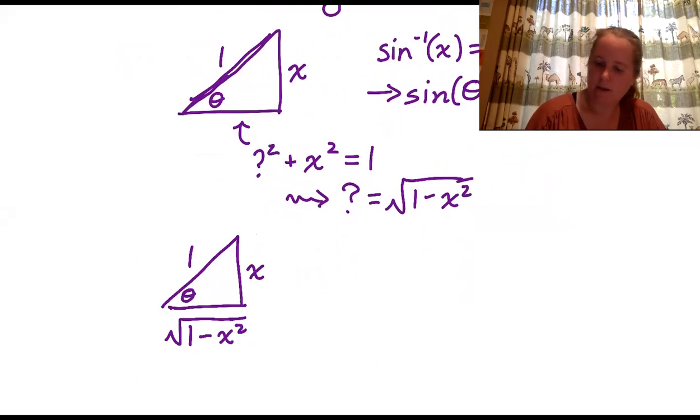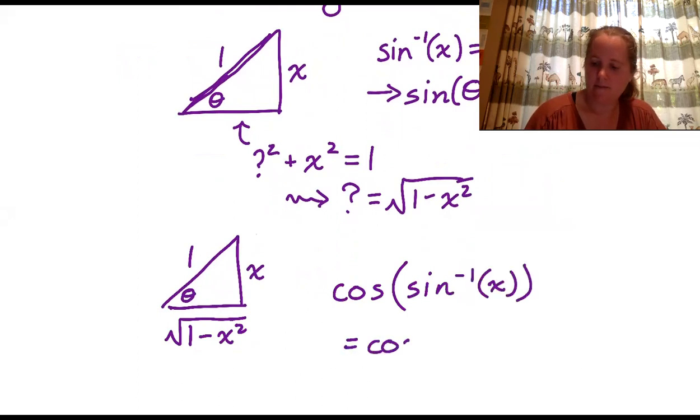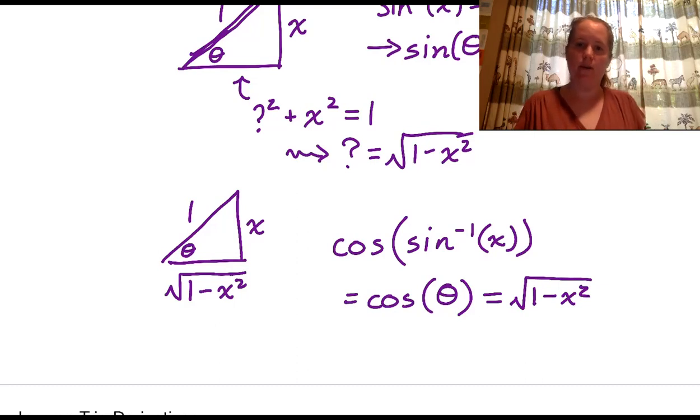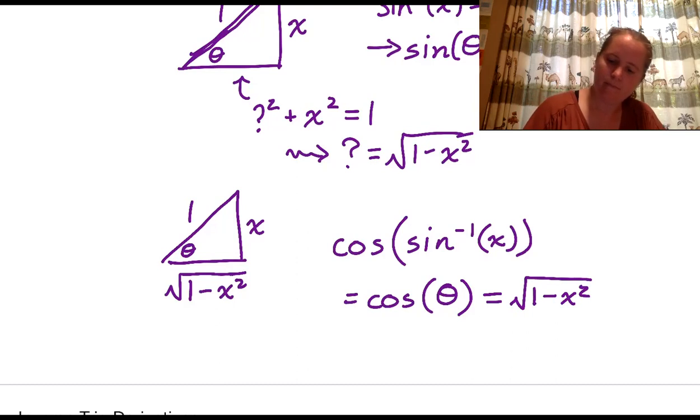So if we wish to find cosine of sine inverse of x, this is cosine of our theta. And cosine is adjacent over hypotenuse. So that would be square root 1 minus x squared over 1, or just square root 1 minus x squared. So we now know cosine of sine inverse of x is the square root of 1 minus x squared.